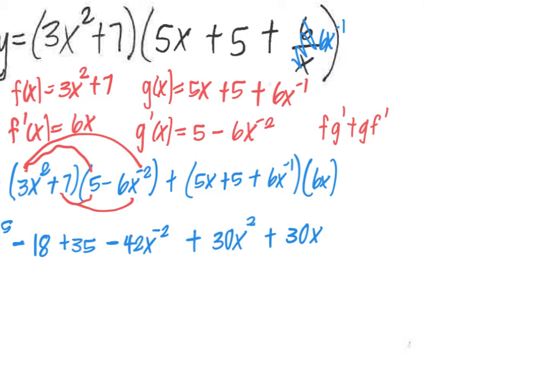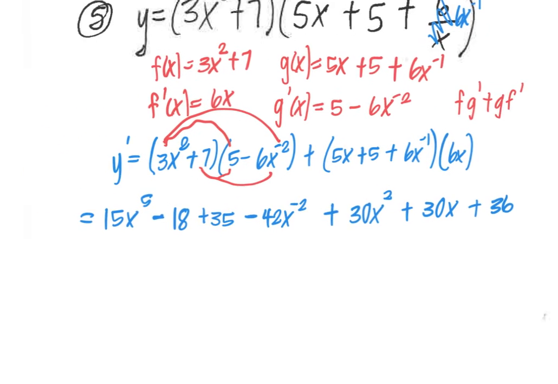And then 6x times 6x to the negative 1, we get 36, and the x goes away because the negative 1 plus a positive 1 is a 0 power.